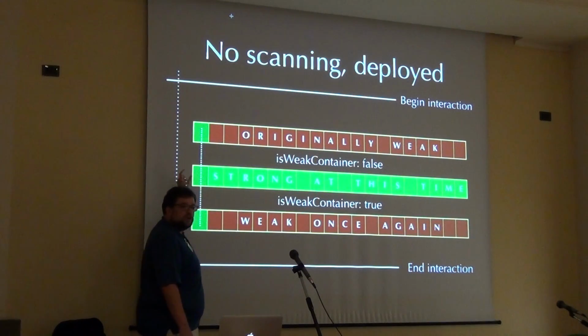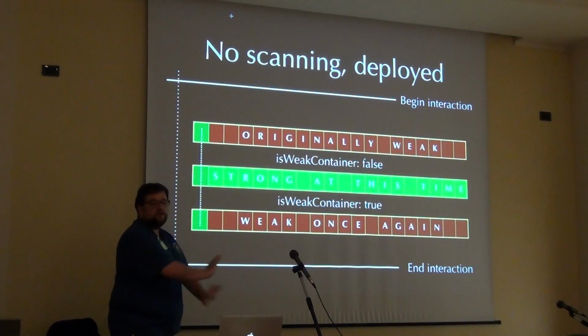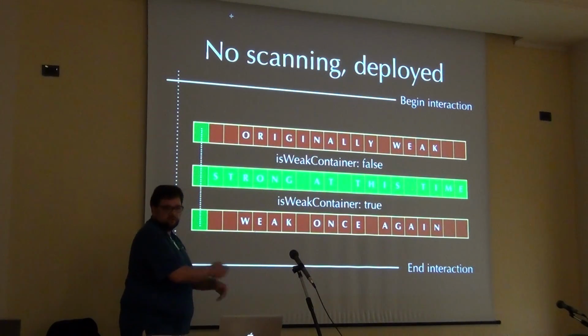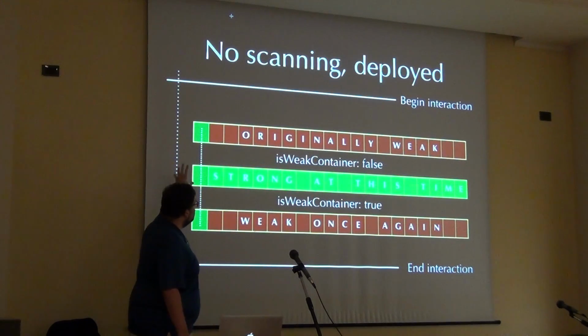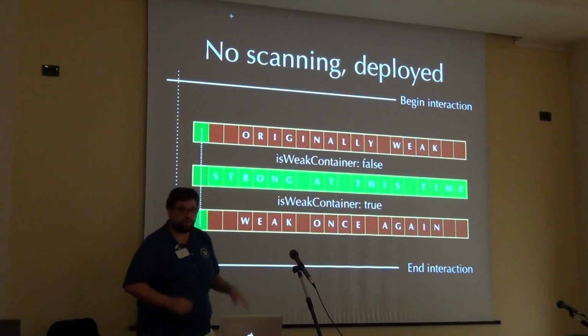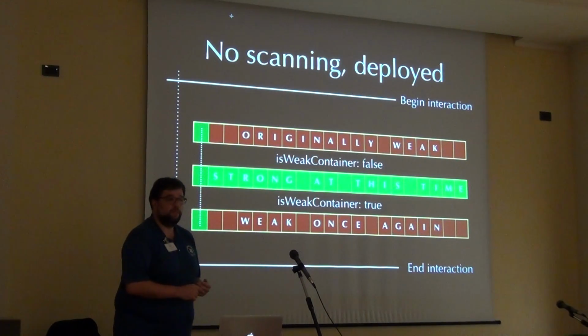And now the same weak array is strong. So there, no more tombstones, right? Because obviously, if it's strong, you can't collect anything out of it. And as soon as I'm done with the thing where I don't want tombstones anymore, I can just tell it again, now you can be weak again, because now it's okay for you to be weak and I don't care about tombstones right now.